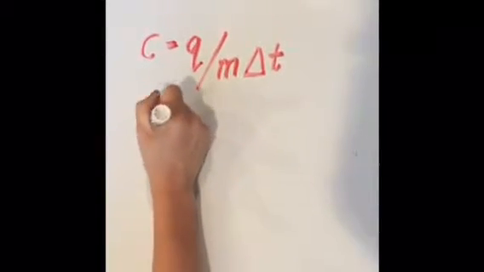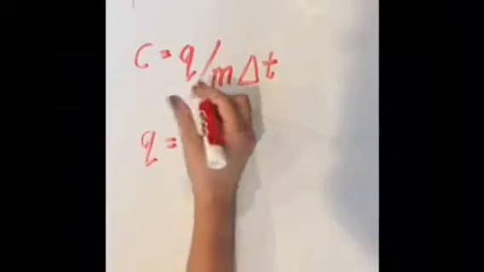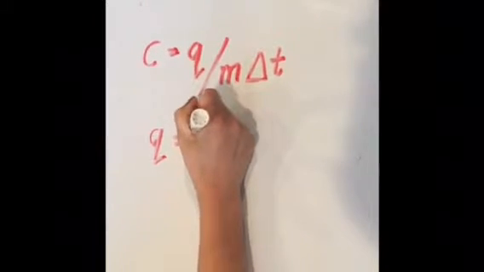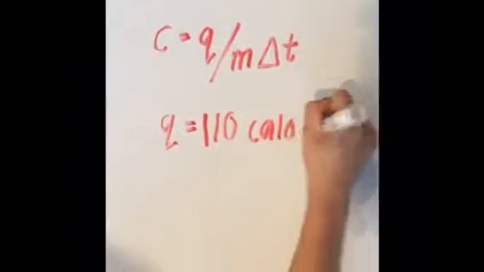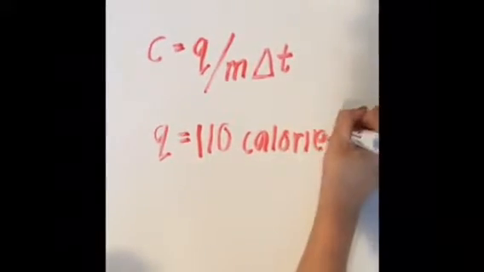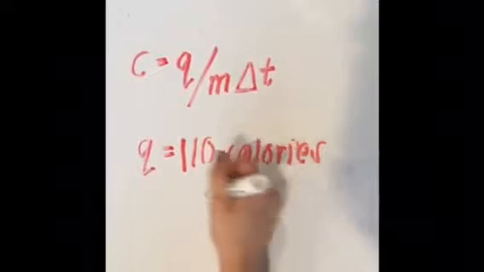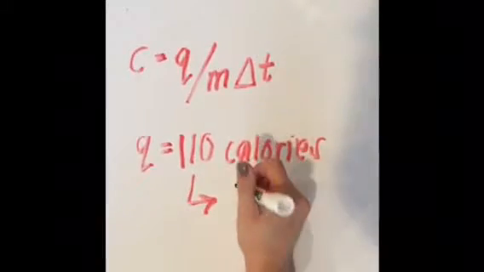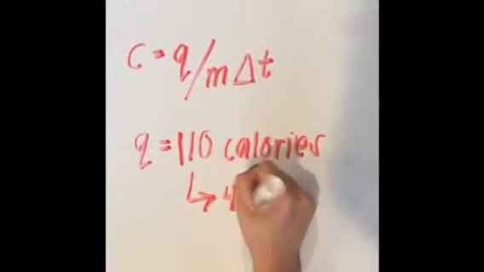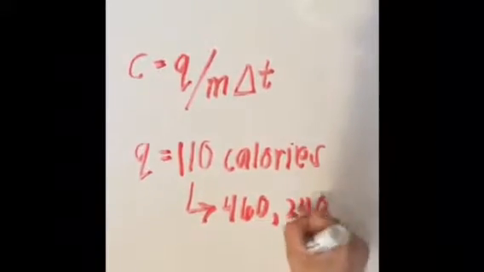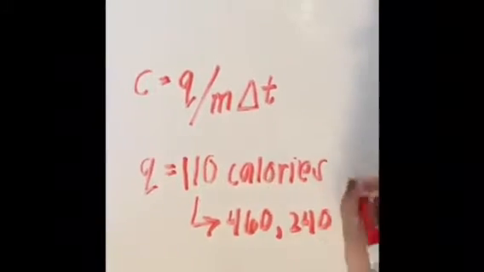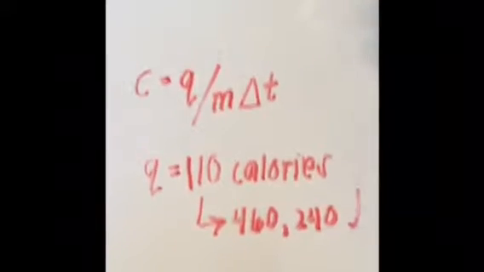So the Q equals the heat, which is 110 calories. But that will have to convert to joules, which is 460,240 joules. I'll write that right here, joules.